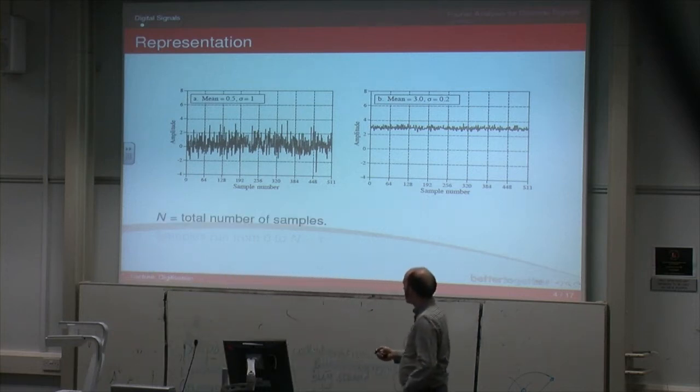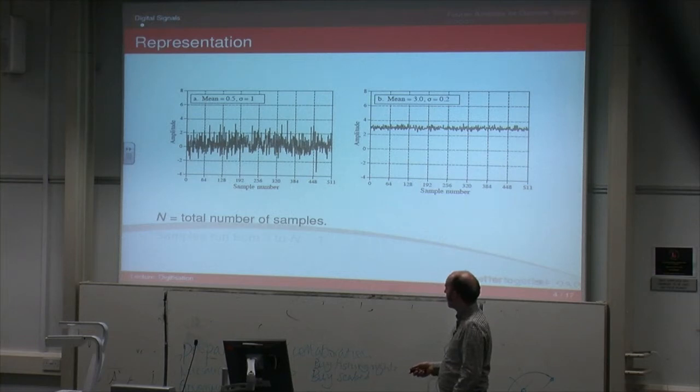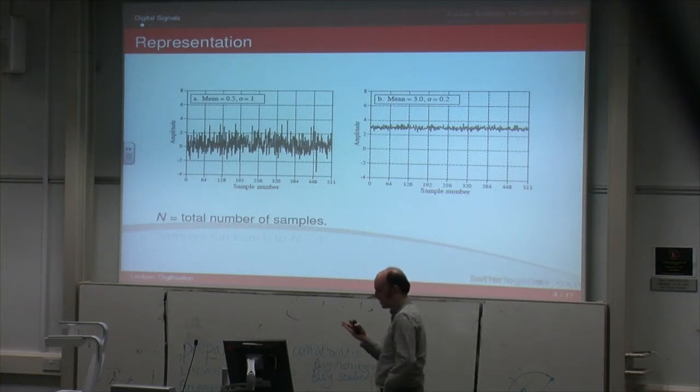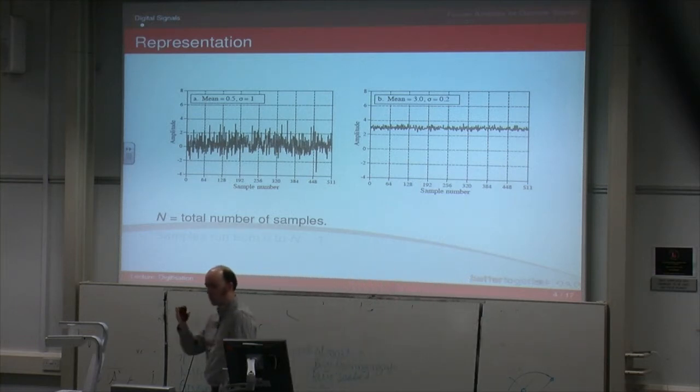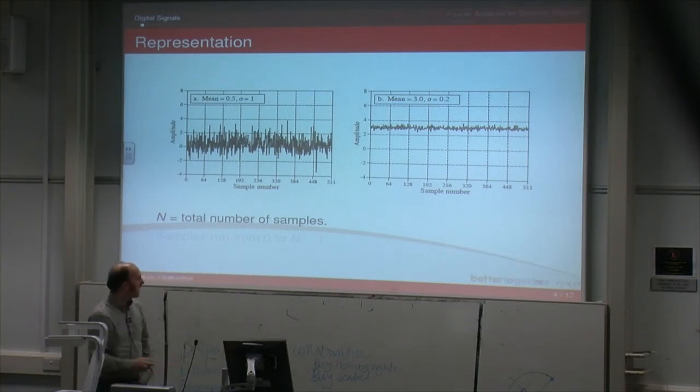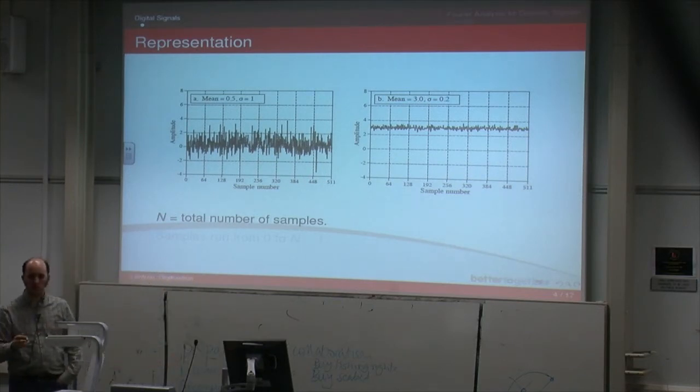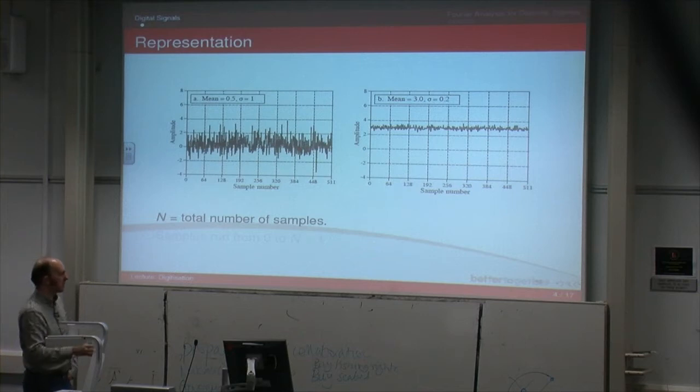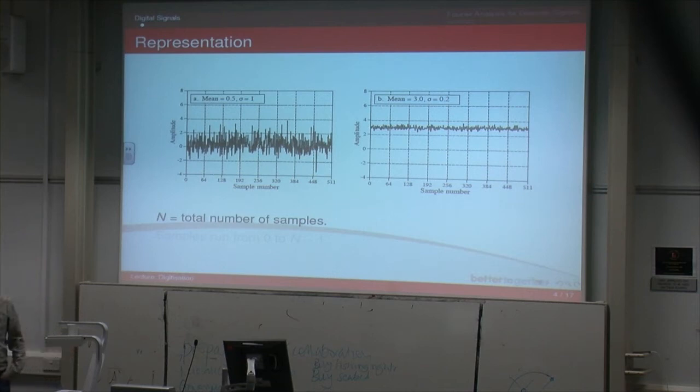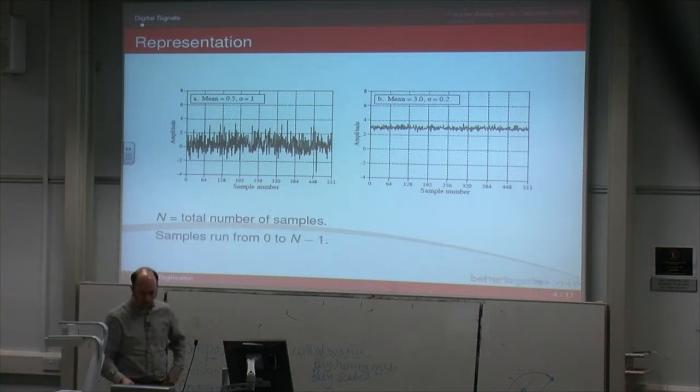Capital N is denoted as the number of samples, okay? And often, there's two ways you can measure samples. You can either go from 1 to N, okay, or from 0 to N minus 1. Now, in this chapter, I talk about from 0 to N minus 1, but for example, MATLAB, which I've used a number of times, indexes points between 1 and N, okay? But like I said, we're going to use from 0 to N minus 1.